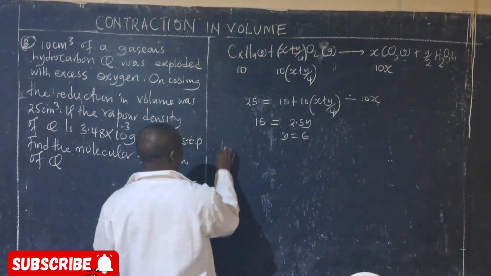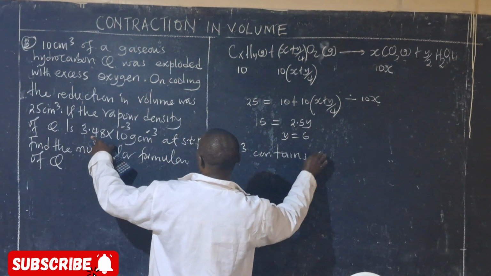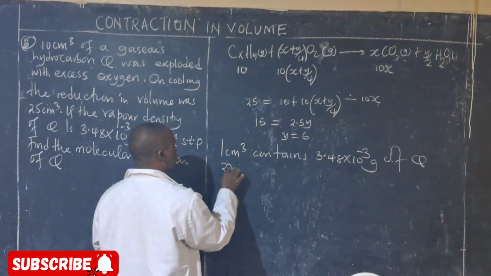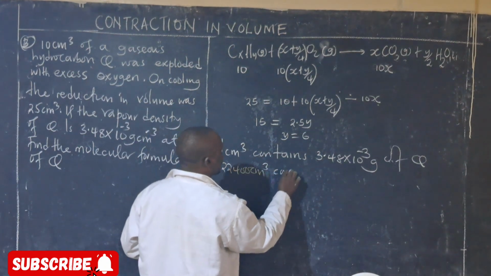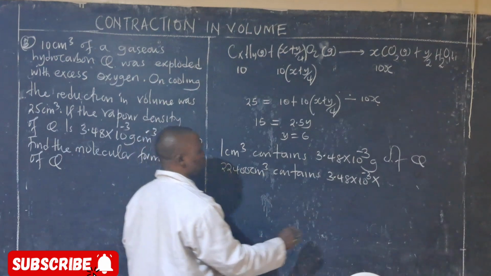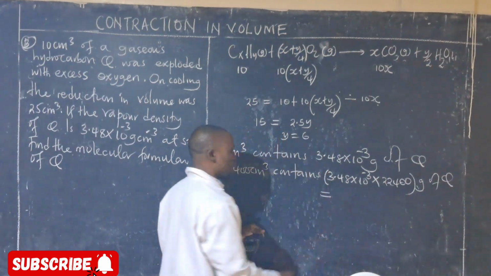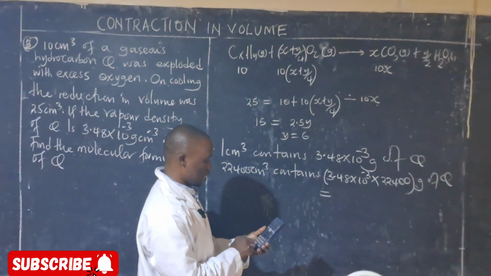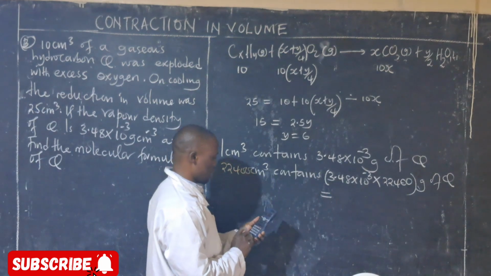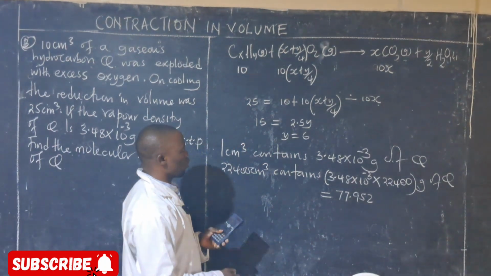At STP, 1 cubic centimeter contains 3.48 times 10 to the negative 3 grams of Q. So 400 cubic centimeters at STP contain 3.48 times 10 to the negative 3 times 400 grams of Q. That gives us 77.952. So let's now go back to this formula.